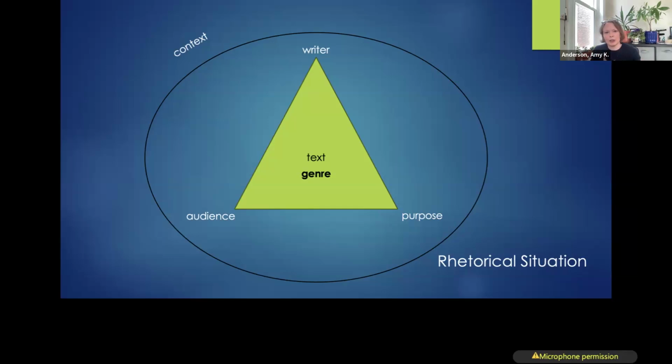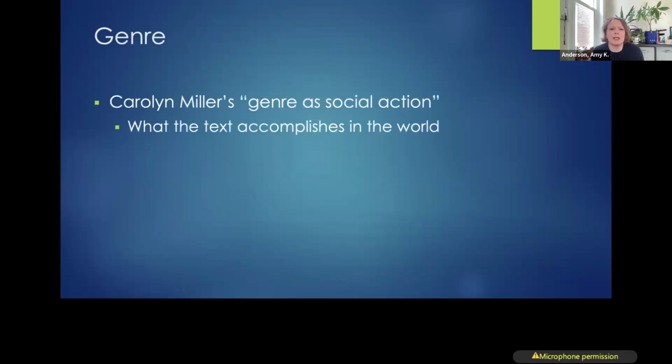In current writing studies, in rhetoric and composition scholarship, Carolyn Miller's idea of genre is the one that comes up most frequently, most recently. Miller thinks of genre as social action. She emphasizes what the text accomplishes in the world.